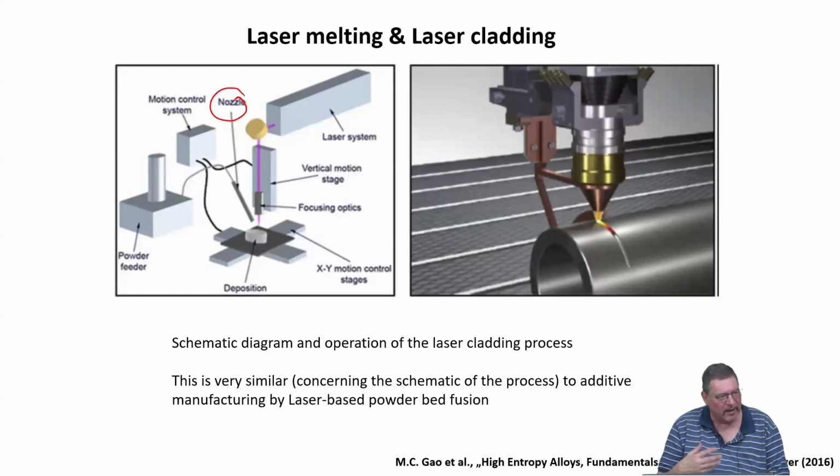So it's like directed deposition, like we also have in additive manufacturing. Obviously, we have all the pros and cons as for arc melting here. There's also rapid solidification, directed heat flow during cooling. Microstructures that form are probably far from equilibrium.